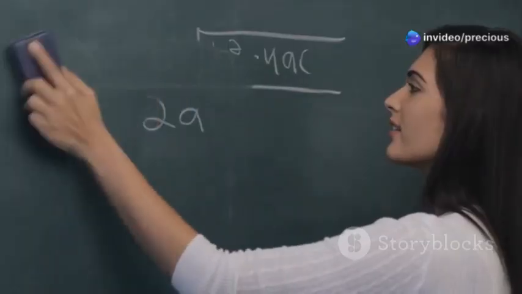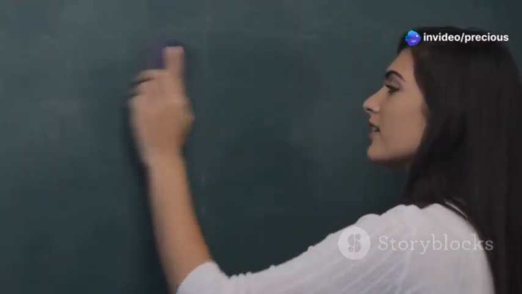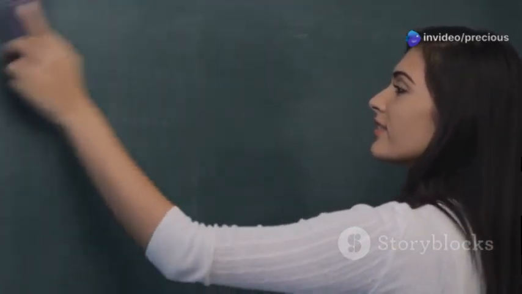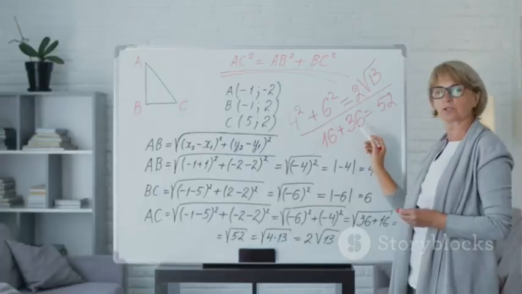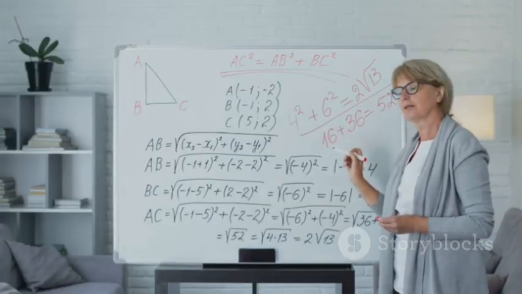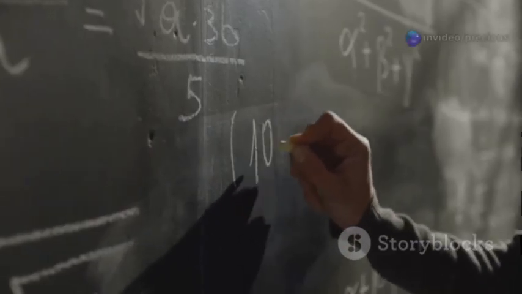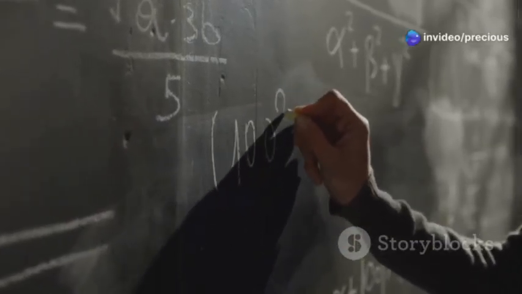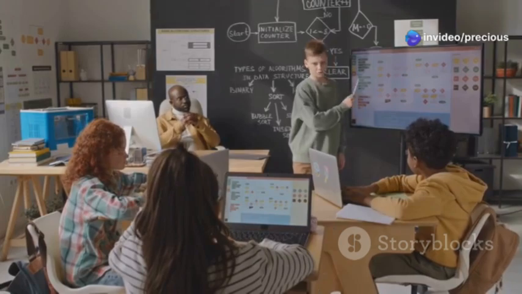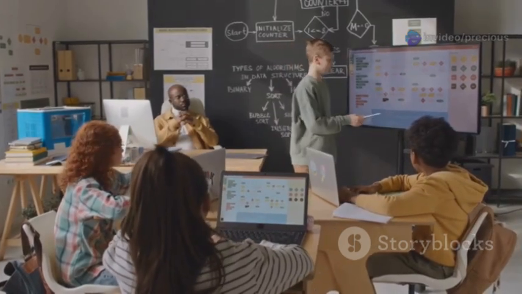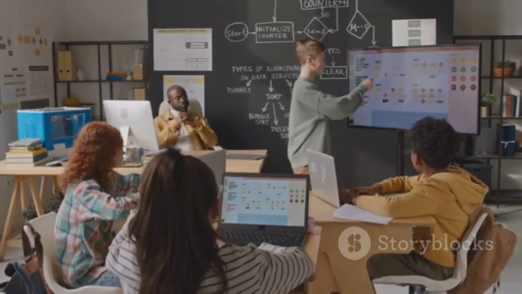Since the HCF of a and b is the same as HCF of b and r, we now repeat the process with b and r. We take b as our new dividend and r as our new divisor. We apply the lemma again, b = r × q1 + r1, where r1 is the new remainder. We continue this process with the previous remainder becoming the new divisor, and the previous divisor becoming the new dividend.